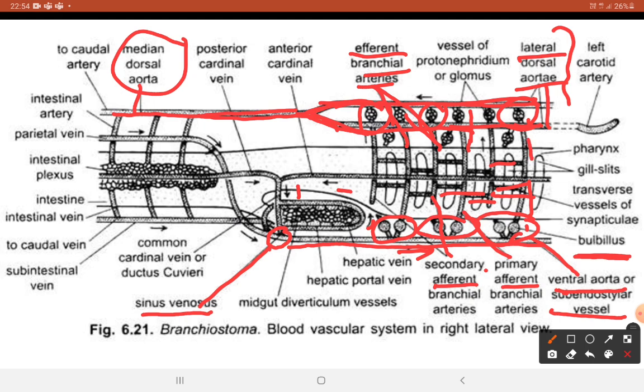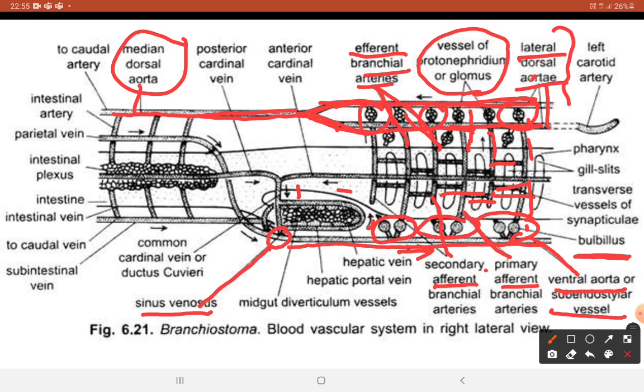The efferent vessels, before joining the lateral dorsal aorta, split into a small capillary network, the nephric glomerulus, a network formed in the kidneys or the nephridia. So they are called vessels of protonephridium or glomus. Here the blood vessels split into a network called a nephric glomerular sinus or the glomus.